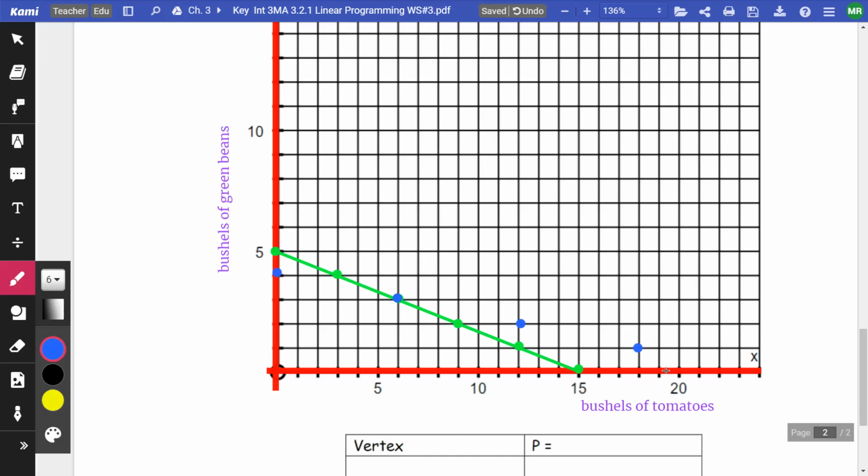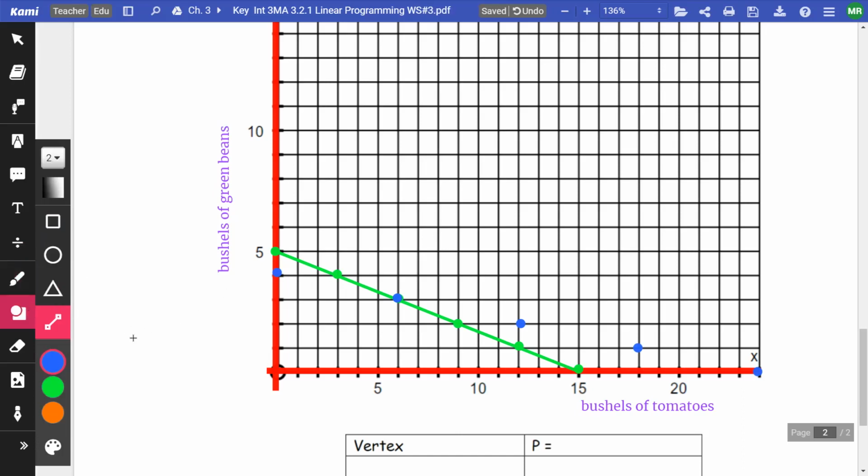Let me just double check that. 1, 2, 3, 4, 5, 6. And then I'm going to draw this line. And so when I draw this line, I get this.